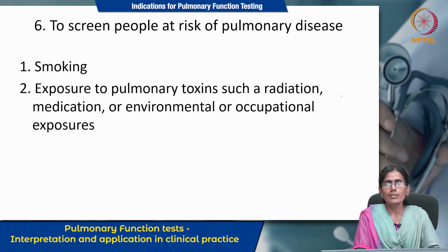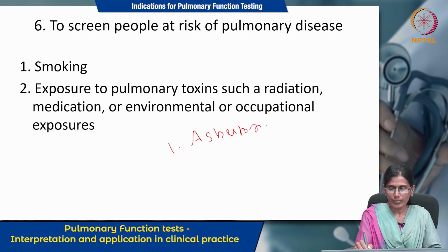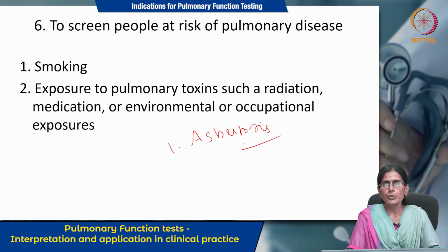And occupational lung disorder, it's a very big topic. So what are the occupational toxins that can produce lung disease? We'll see two examples. One is asbestosis. Chronic exposure to asbestos fiber.